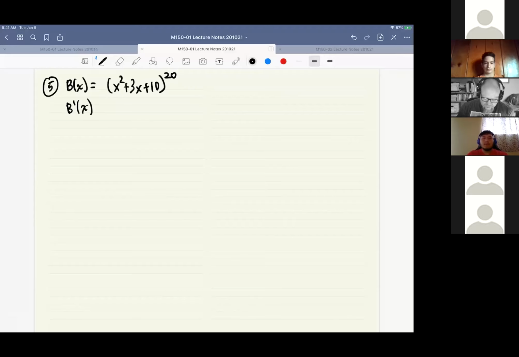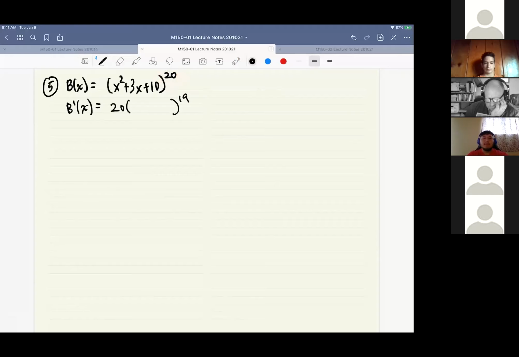You want to tell people what you do to calculate the derivative? Oh, yeah. Okay, so what we do is we look at this as a whole, correct? And we apply the power rule. So when we apply the power rule, we go ahead and put the 20 as a coefficient, and we lower the exponent by 1.